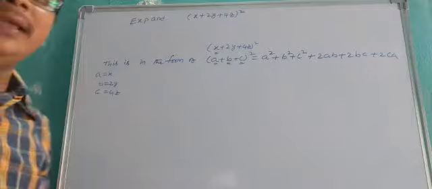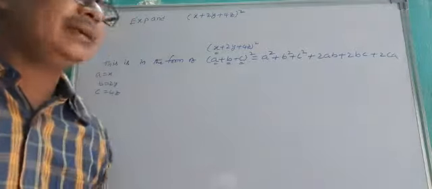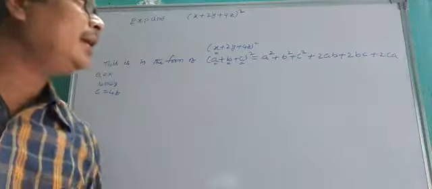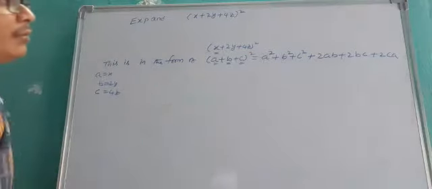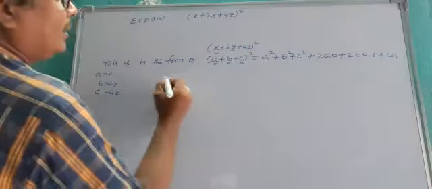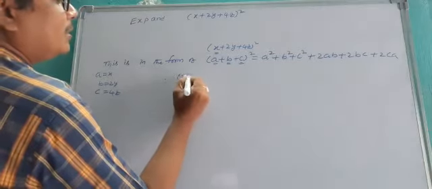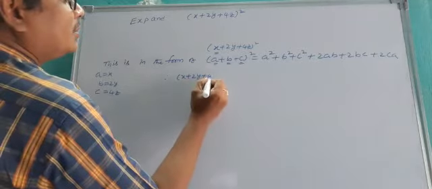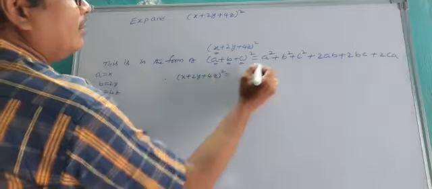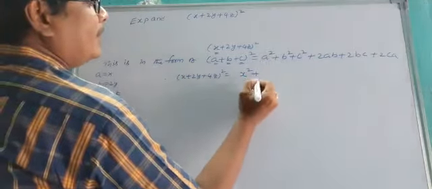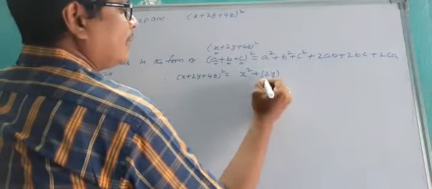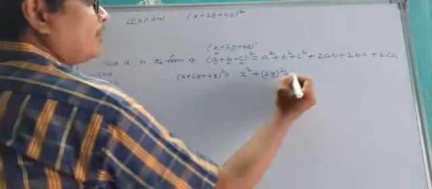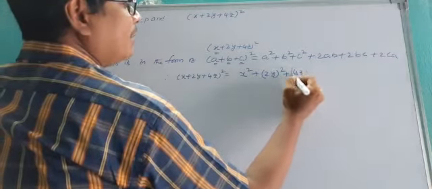So instead of a, you substitute x. Instead of b, you substitute 2y. And instead of c, you substitute 4z in that particular identity. So therefore, (x + 2y + 4z) whole square equal to a, a means x, x square plus b, b means 2y, (2y) whole square plus c means (4z) whole square.